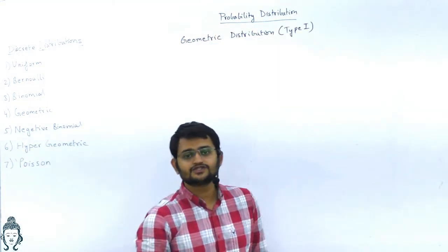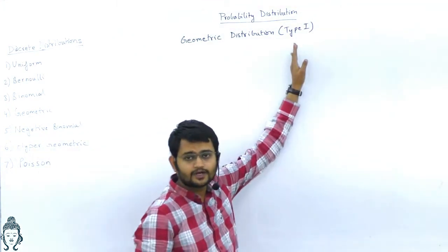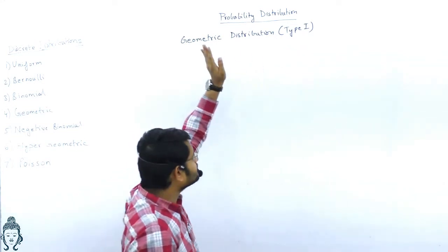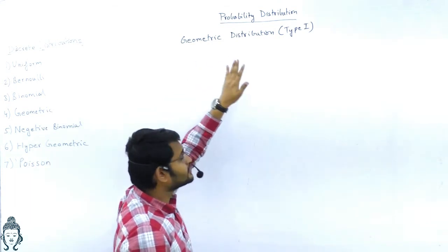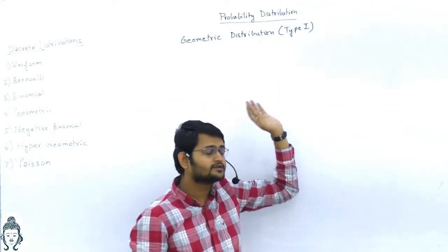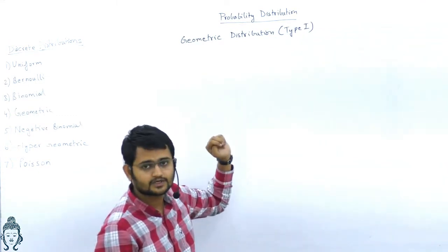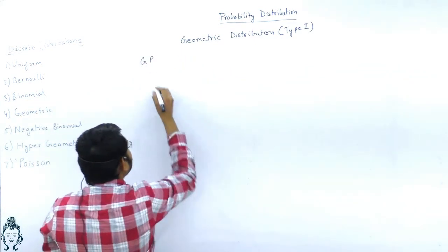Let's start with the next distribution, the geometric distribution. Now there are two types of geometric distribution, geometric type 1 and type 2. Before we actually start the geometric distribution, we are going to talk about geometric progressions and arithmetic geometric progressions, or GP and AGP. So first let's see GP, geometric progression.